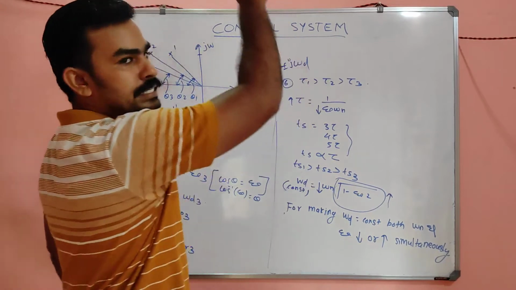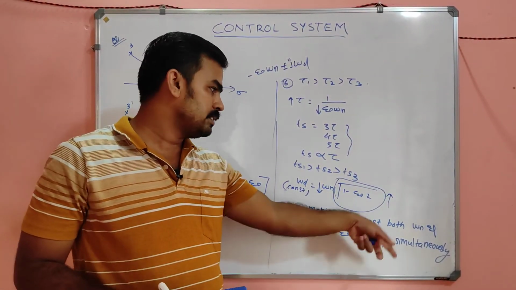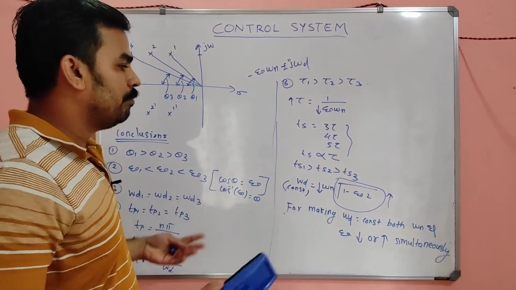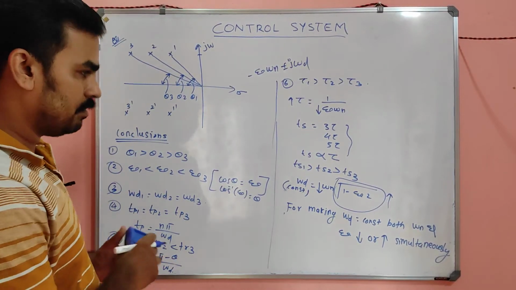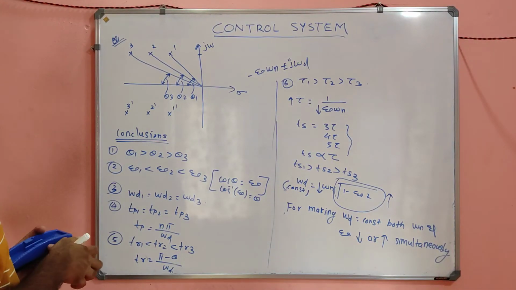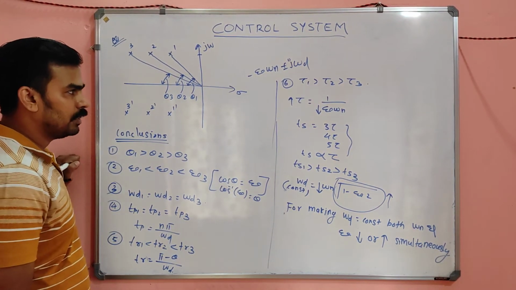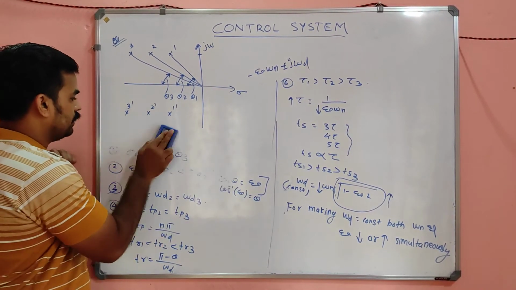If this is increasing, this whole term should decrease, which means zeta also increases. So both omega n and zeta increasing or decreasing simultaneously will make omega d a constant. Is it clear, my dear? Okay. That is up to the sixth conclusion.